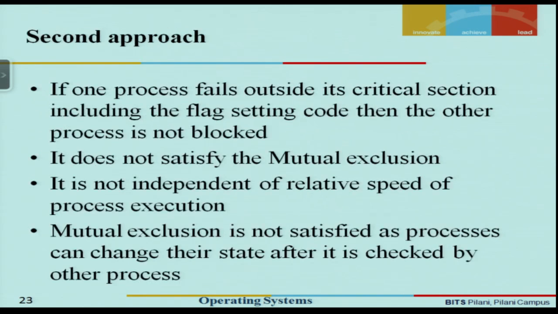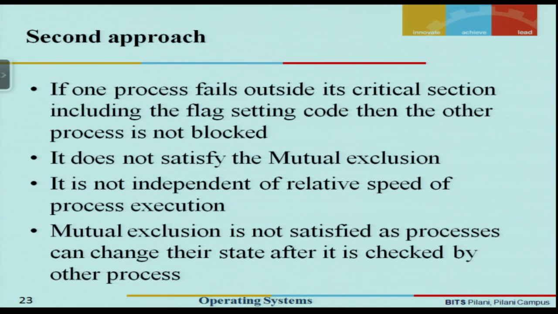So the question arises, why? In the previous case we said that since we were directly using the name instead of checking the process state, that's the reason we failed. And then in the second approach we found that we were using the state, but still using this approach we failed.